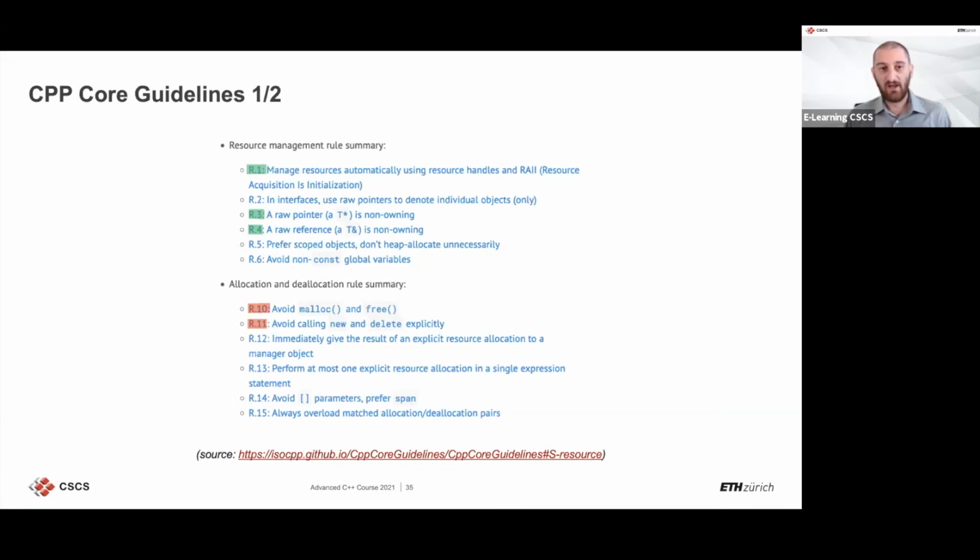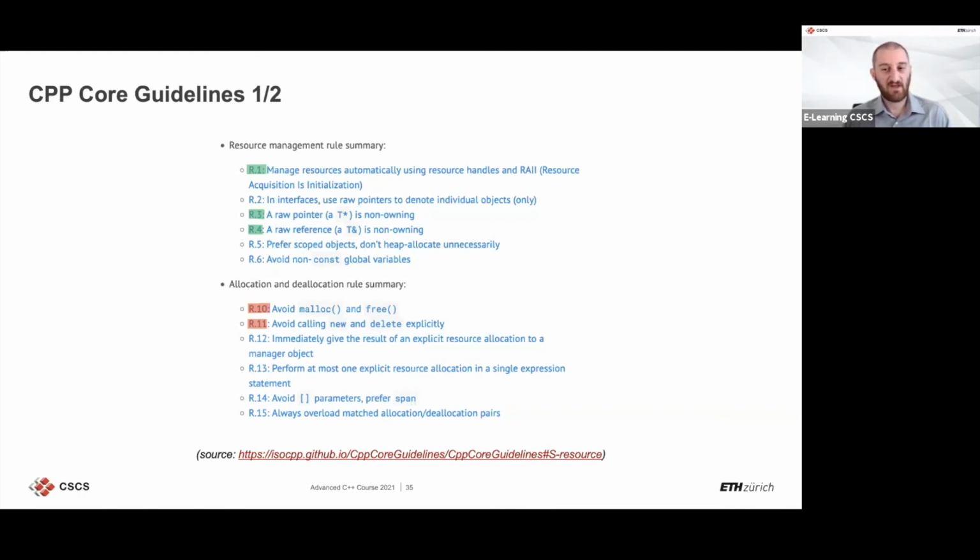Now, some guidelines that I want to point out. We already talked about them more or less. These guidelines are available online, I reported the source here, and I suggest you give a look at them.